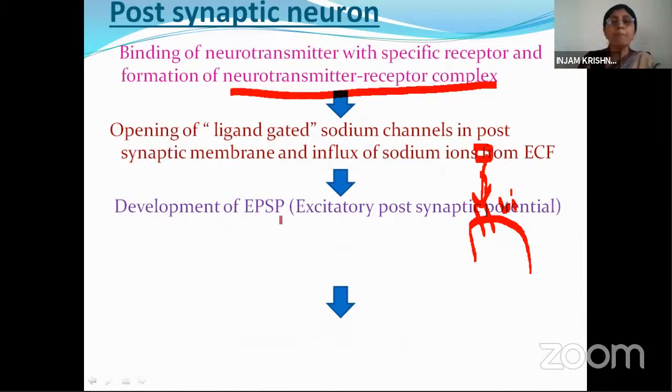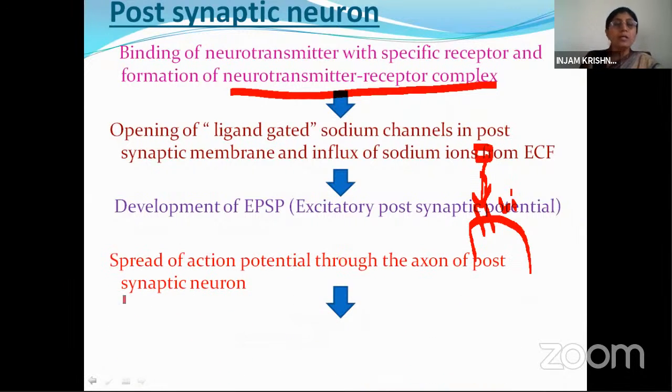Development of EPSP. What is EPSP? Excitatory post-synaptic potential. What is excitatory? If it reaches the level to generate an action potential, we call it excitatory. So the action potential is generated. How does it generate? Already we discussed.